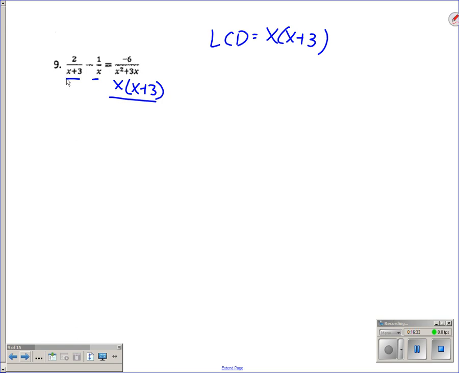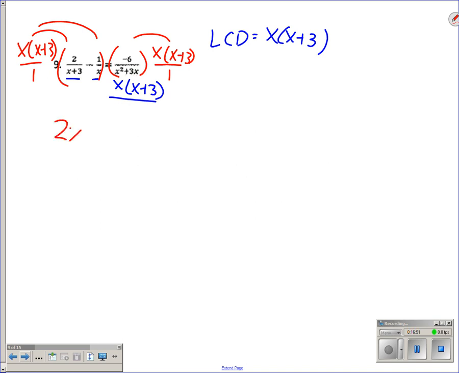Okay, so I'm going to multiply this by x times x plus 3, and this by x times x plus 3. All right, when I distribute that through, let's see what cancels out. For the first fraction, the x plus 3's cancel out, so I'm left with 2 times x. And then minus, okay, the x's cancel out in the next fraction, so I'm left with just 1 times x plus 3.